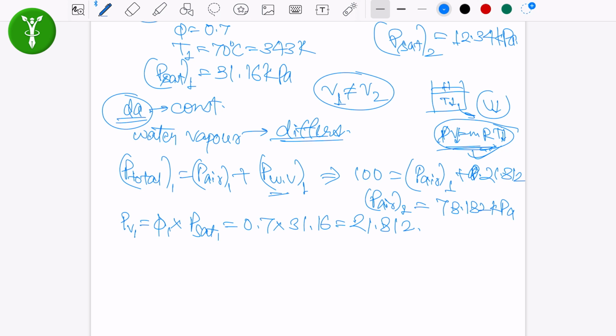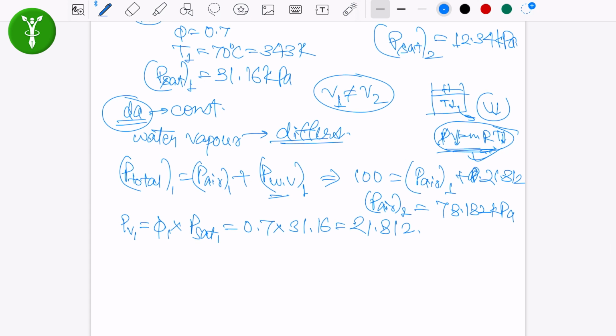Now we have the ideal gas equation for this. If we try to calculate the number of moles of water vapor and air, we can write P total at 1 into V1 is equal to N total at 1, that we know, into R bar into T1. This is first.